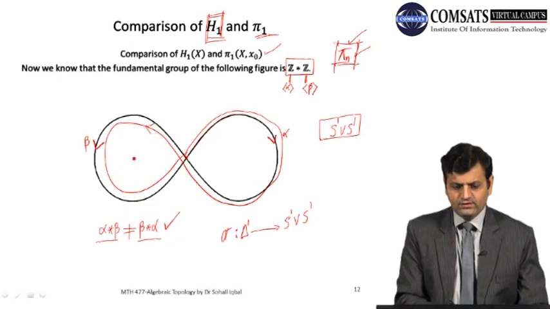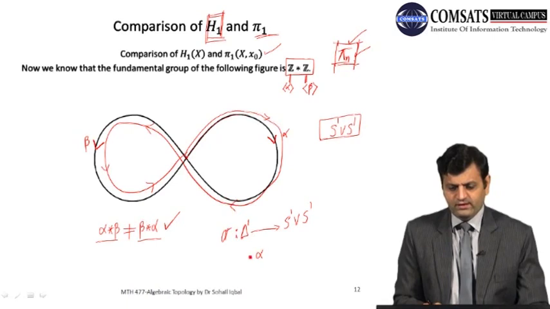Starting from this point, basically taking alpha and then taking beta. So first apply alpha and then apply beta. I can define this sigma to be a map from the standard one simplex to the wedge, such that sigma first moves around alpha and then around beta.